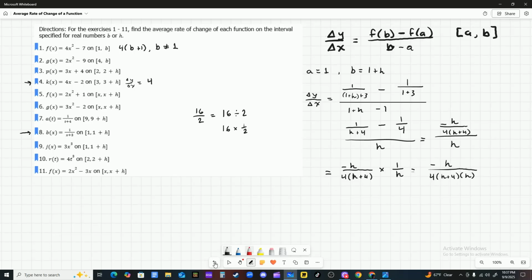We can then cancel out the h's, this one and that one. So now we're left with negative 1 over 4 times h plus 4. And from here we can see that h cannot equal negative 4.